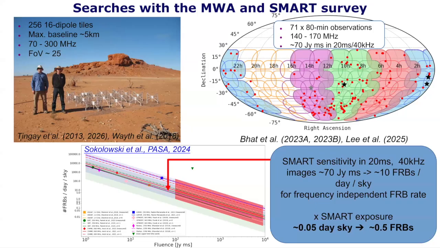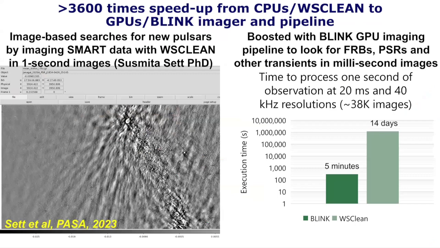The precursor for this project was a project by Susmita Sett, my former PhD student. She used voltage data from the MWA to form 1 second images and look for pulsar candidates, and developed methodologies for finding pulsar candidates in those images. She didn't find any new pulsar, but at the time she was using WSClean for imaging.